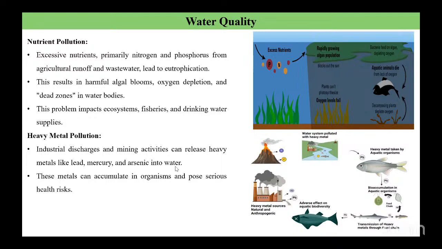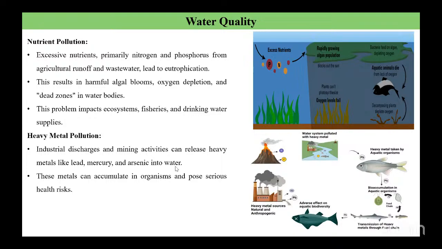Eutrophication is another severe problem where water quality is deteriorated, affecting the normal aquatic life and also consumption purposes. This results in harmful algal blooms, water depletion, and the formation of dead zones in water bodies.